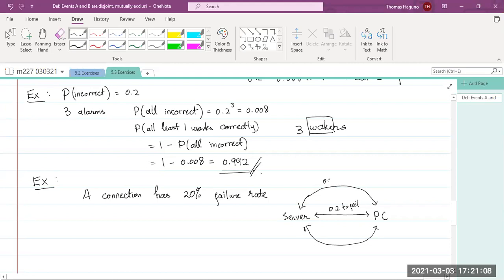So this is 0.2 to fail. This is 0.2 probability to fail. So 20% chance to fail. Now, the thing is, the connection between me and my server will be okay as long as at least one of them works, right? So the probability to be connected equals the probability at least one works.